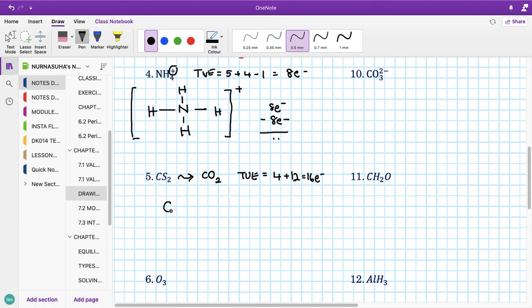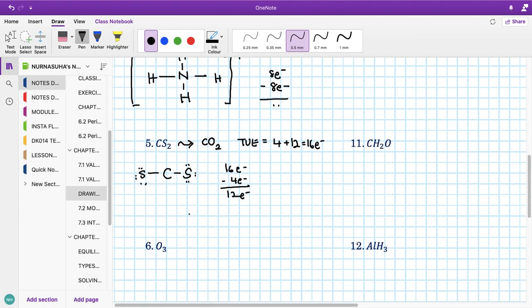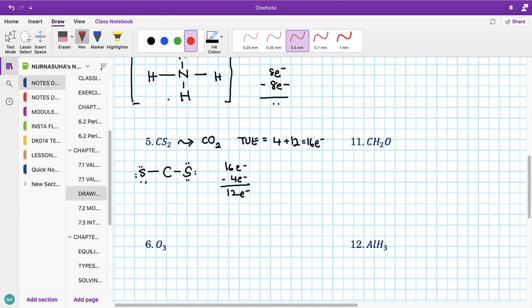Okay, 16 tadi. We minus with 4 electron. So remaining 12 electron we put in the terminal atom as lone pair. Okay, however, you should notice by now something is not correct, which is yes, carbon is not octet.